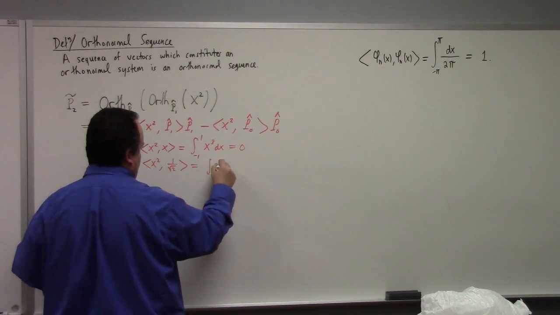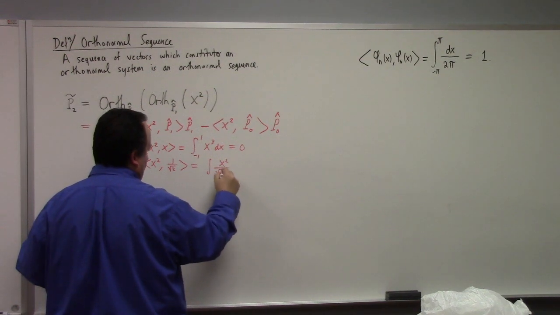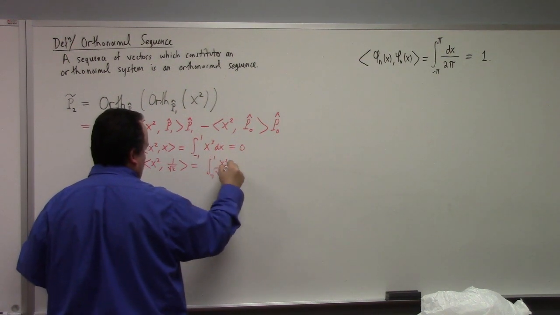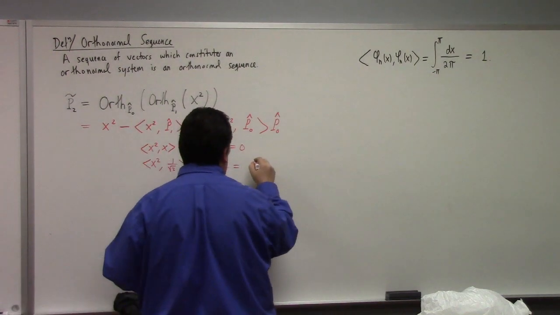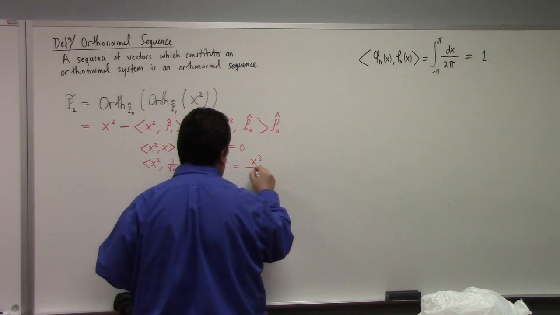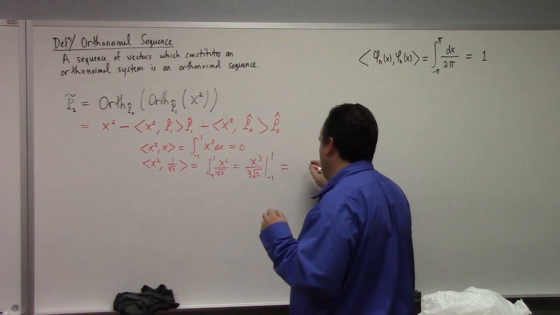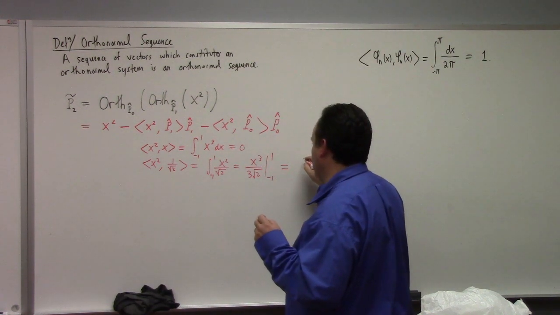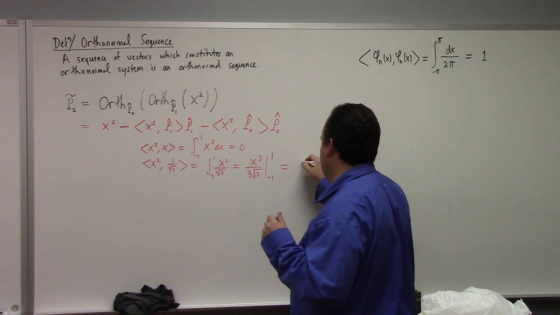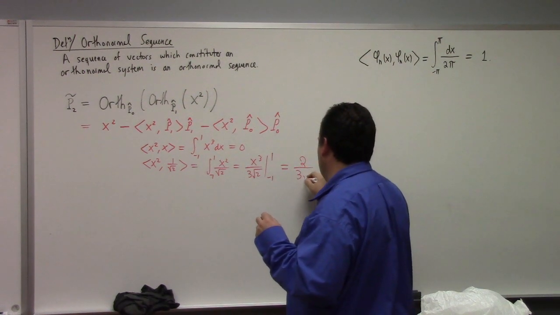So that's the integral of x squared over root 2 from -1 to 1, which is x cubed over 3 root 2 from -1 to 1. I think that's just 2 over 3 root 2, right?